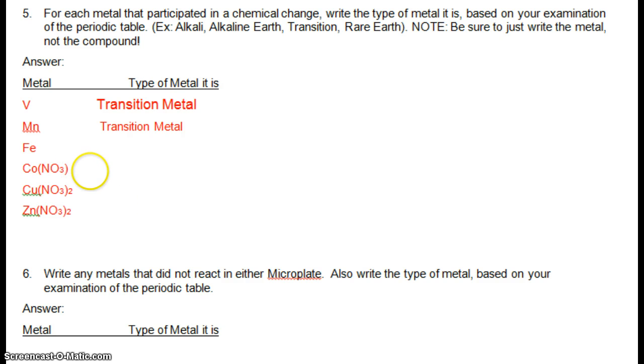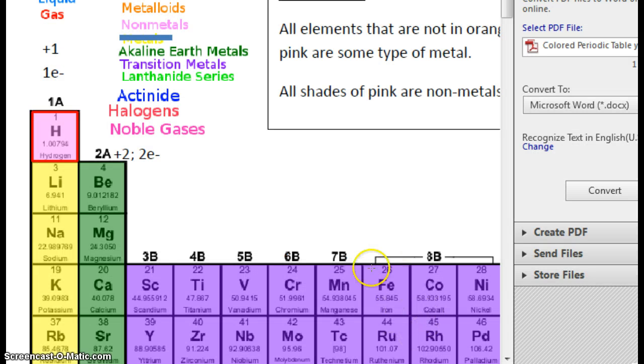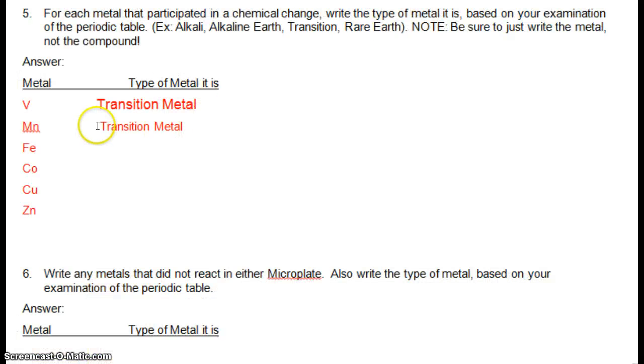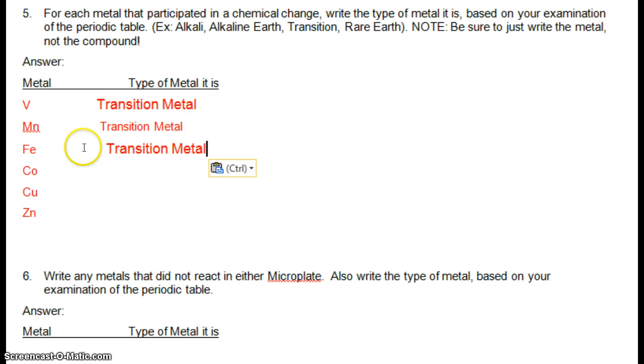Oh, and look at these. All these have nitrogen and oxygen too. So that tells us that those are our metals. Now we need to see what kind of metal. So Fe is right here. What kind of metal is it? It's in purple, so it too is a transition metal.